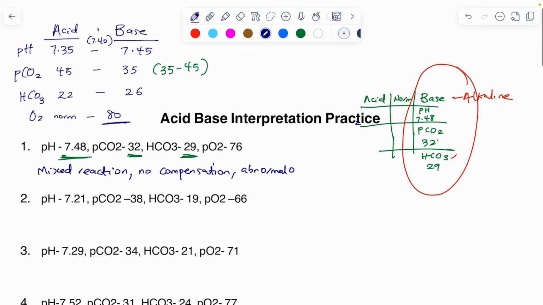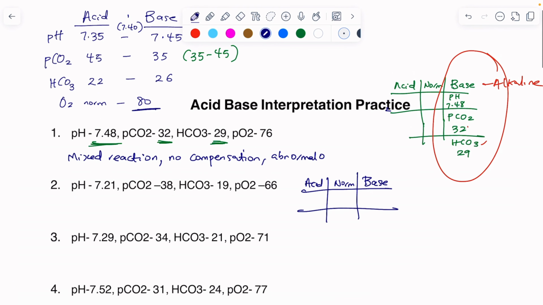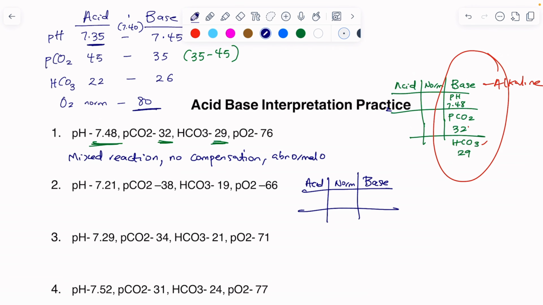So we want to draw our tic-tac-toe again. Acid, norm, base. And then 7.21, if you look over here, it's acidic. So we'll write that here, pH 7.21.